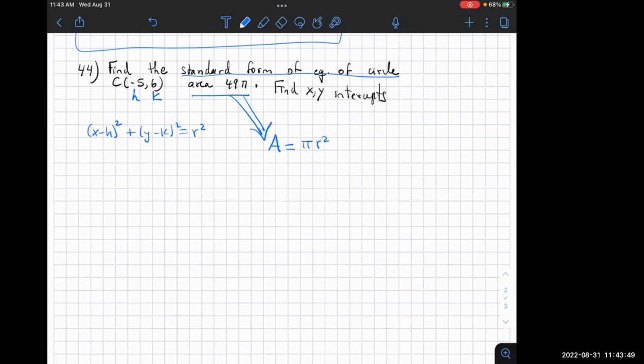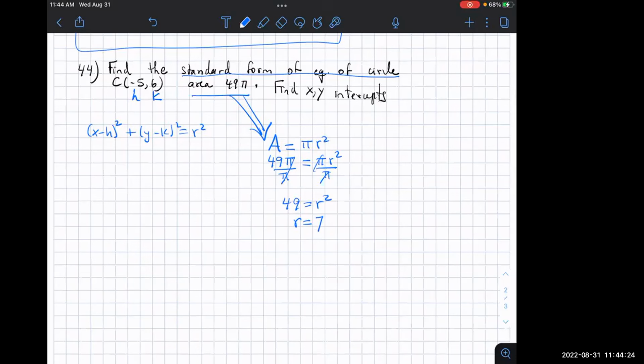So the area is 49 pi. You write 49 pi for A, so I get 49 pi equals pi r squared. I want to solve for r squared and then for r, so divide by pi on both sides. Conveniently enough, pi cancels. So 49 equals r squared. So what is r? 7. Square root of 49, correct.